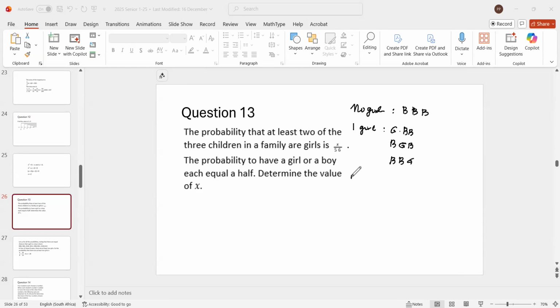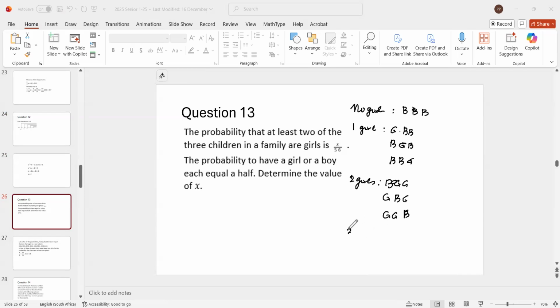And there are two girls. In that case, there's only one boy. So the first one could have been a boy and the other two are girls. The second one could have been a boy, the other two are girls. The third one could have been a boy, the other two are girls.